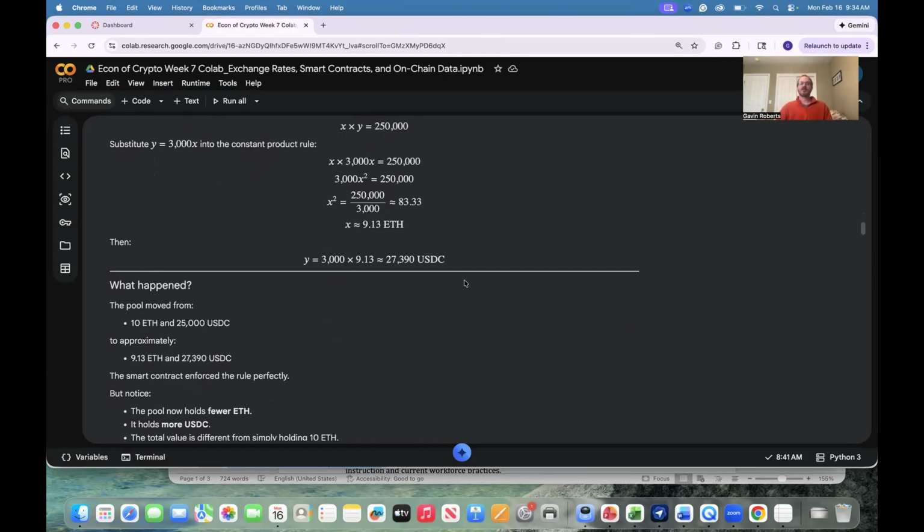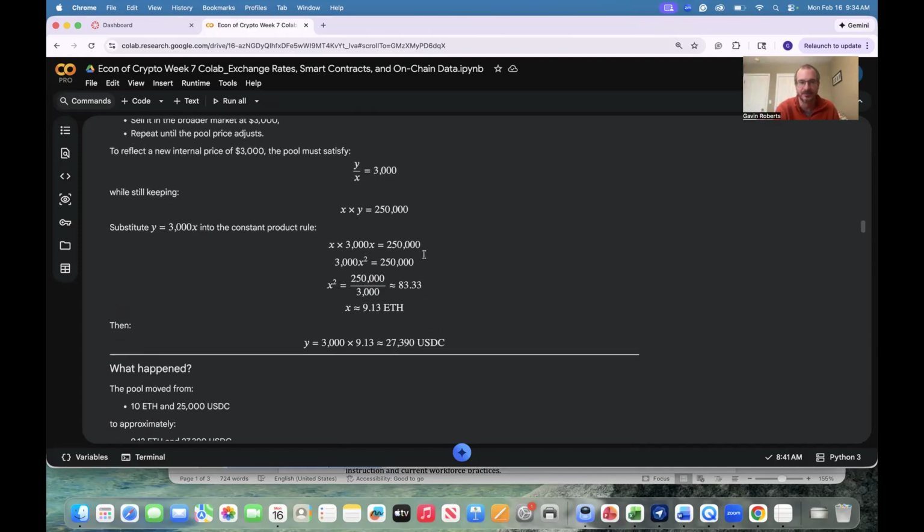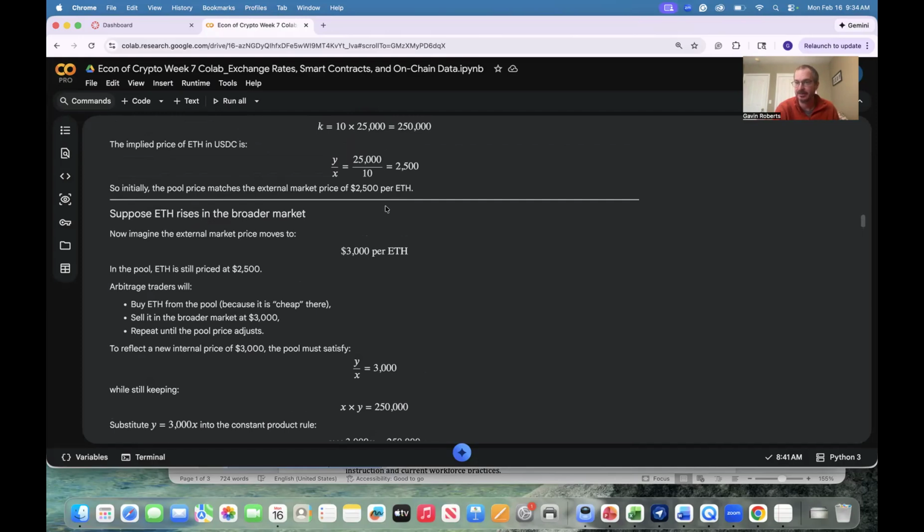Now let's think about what's going to happen in the long run. Notice that if this kept happening, if Ethereum kept rising in the outside market, then the pool would eventually end up with only dollars in it. And if Ethereum eventually left the range that's even feasible by this condition, this would get ridiculously small and this would get ridiculously large.